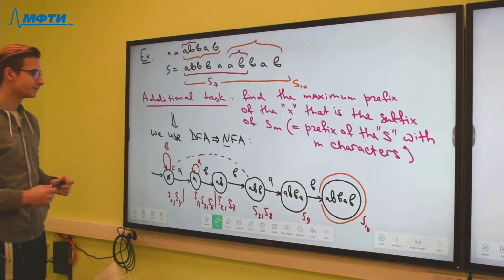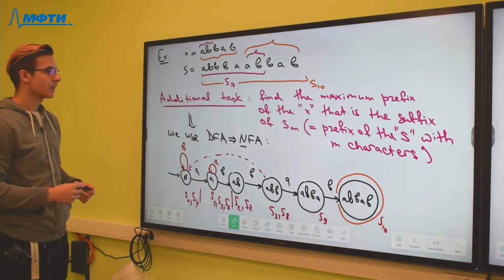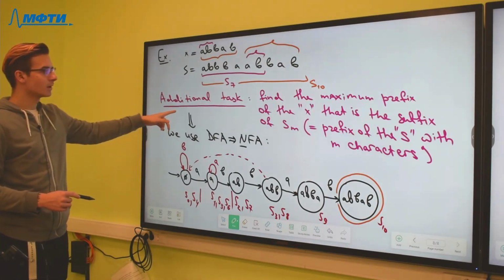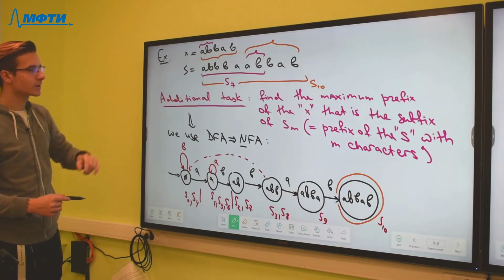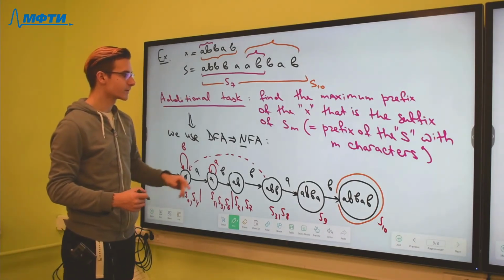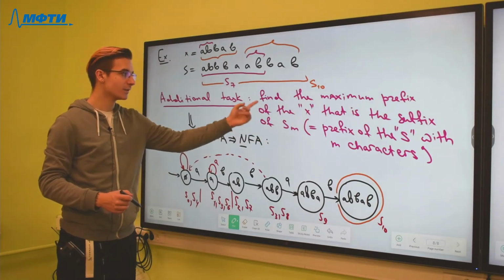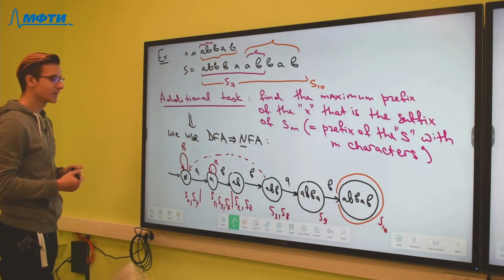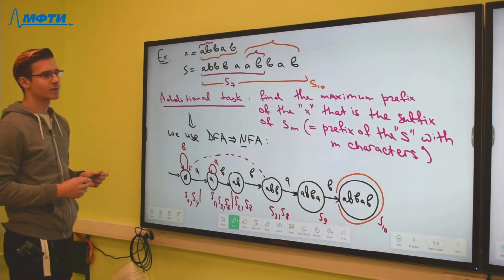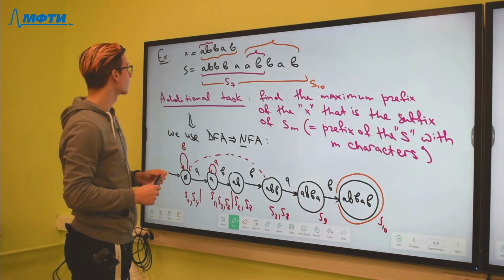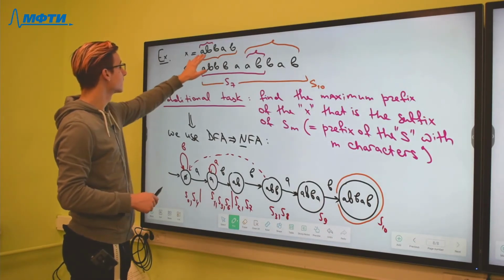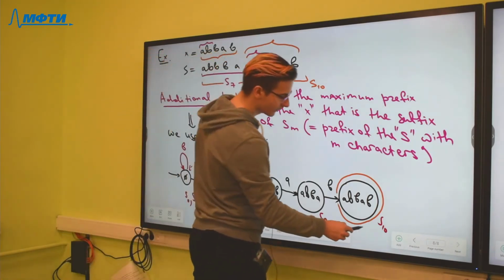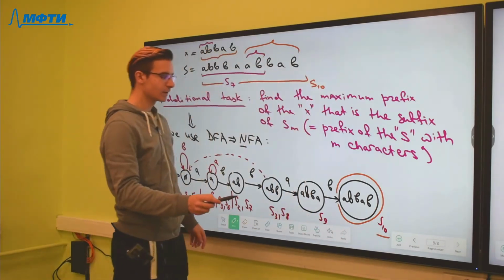So I can say that the additional task answers: if we find the maximum prefixes of X that are suffixes of the prefixes of the initial string, then the number of these substrings in S is equal to the number of prefixes that we find here.